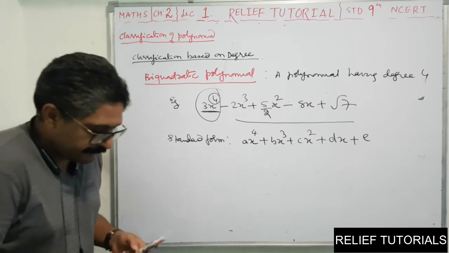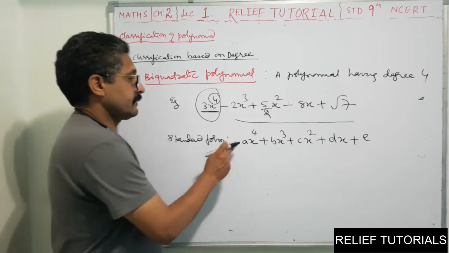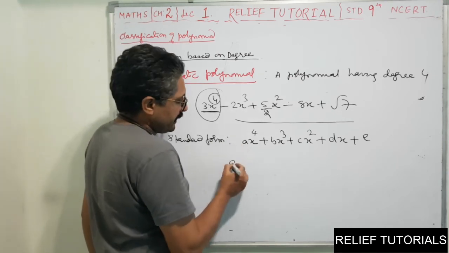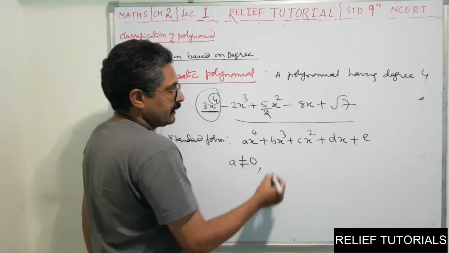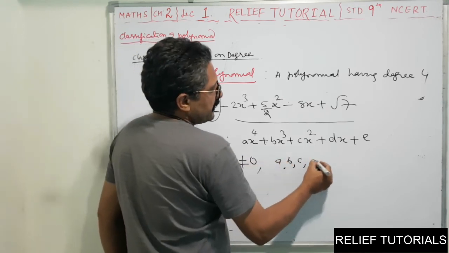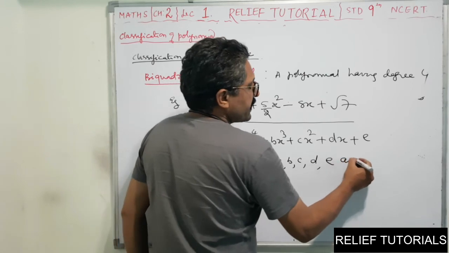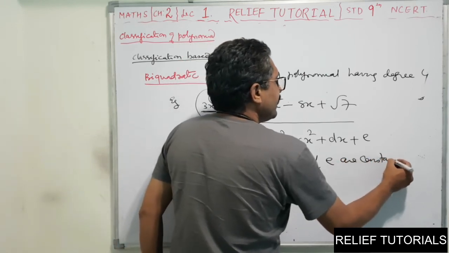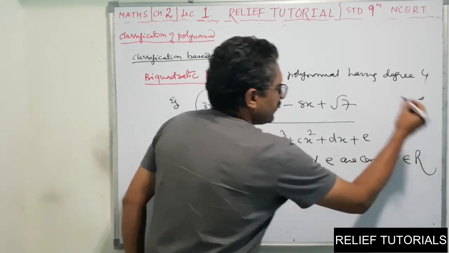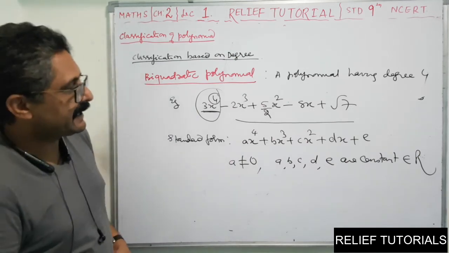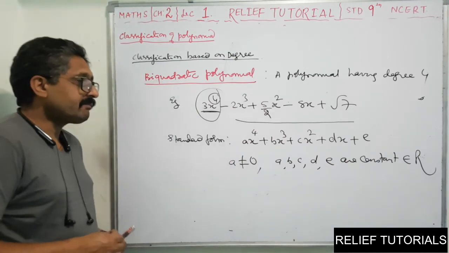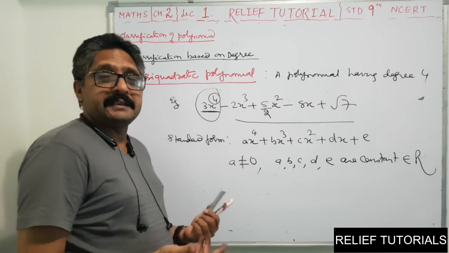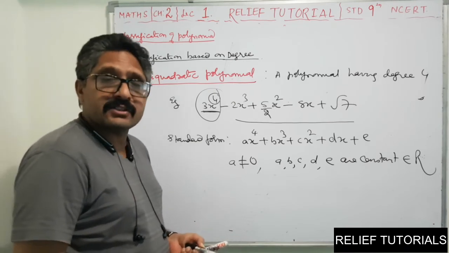Here the leading coefficient is A, so A should not be equal to 0. And A, B, C, D, E are constants, and they belong to real numbers. It may be a natural number, a whole number, an integer, or a rational number.